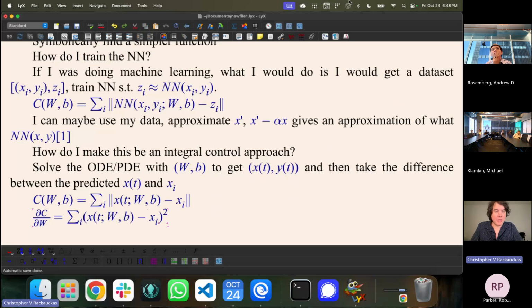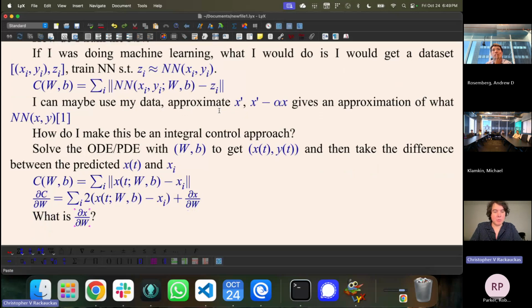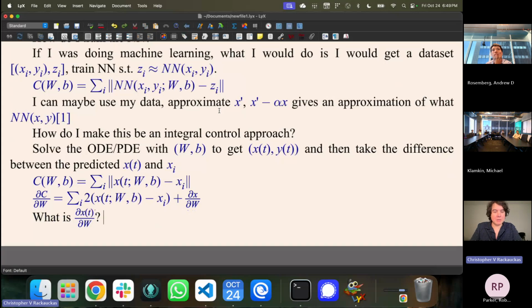What you're going to get is 2 times this, plus the fraction partial x partial w, right? And so this is what comes out, right? So then the real question is, what is partial x partial w? Because this is also like this x of t.